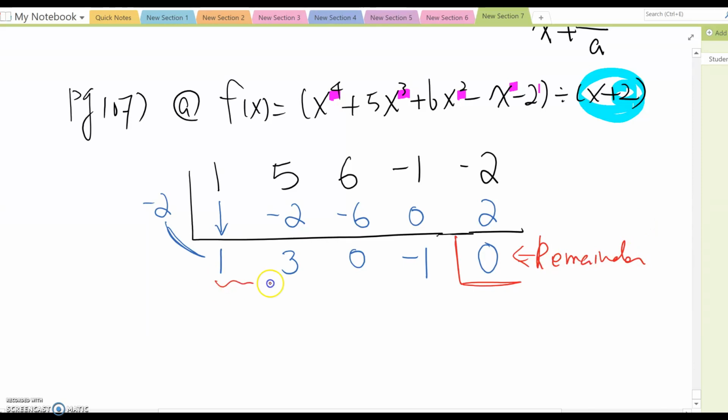And now these will be our quotient. As you see, we are dividing a 4th degree leading term by a single degree divisor, so you reduce the degree by one. So it becomes cubic, square, single, and constant.